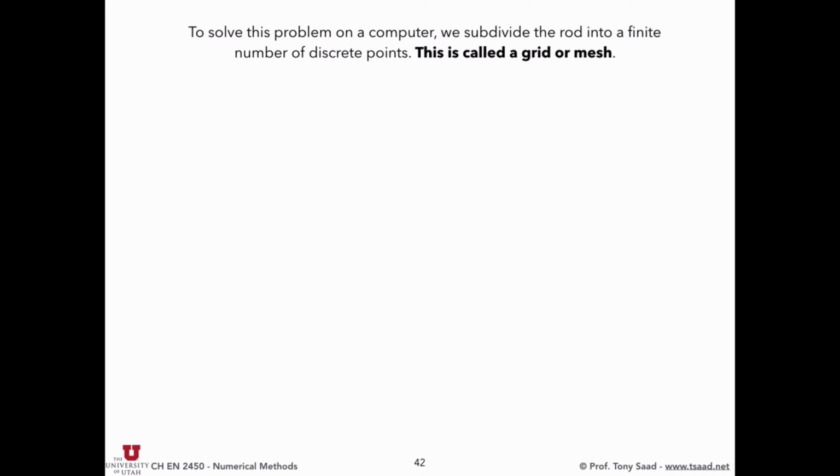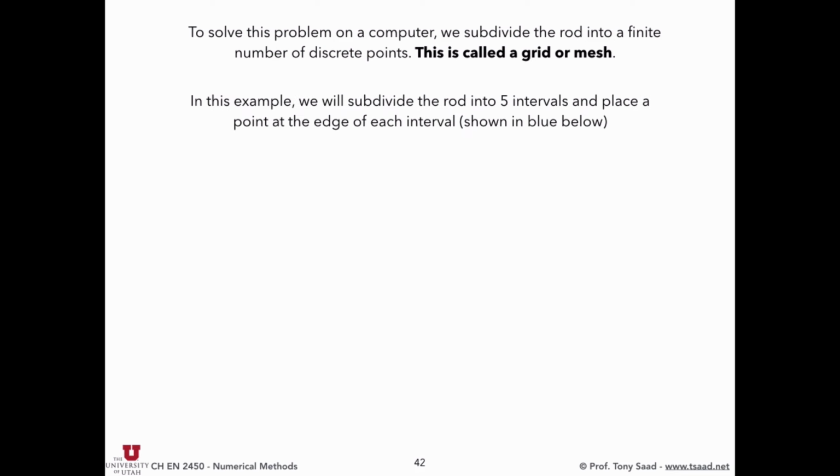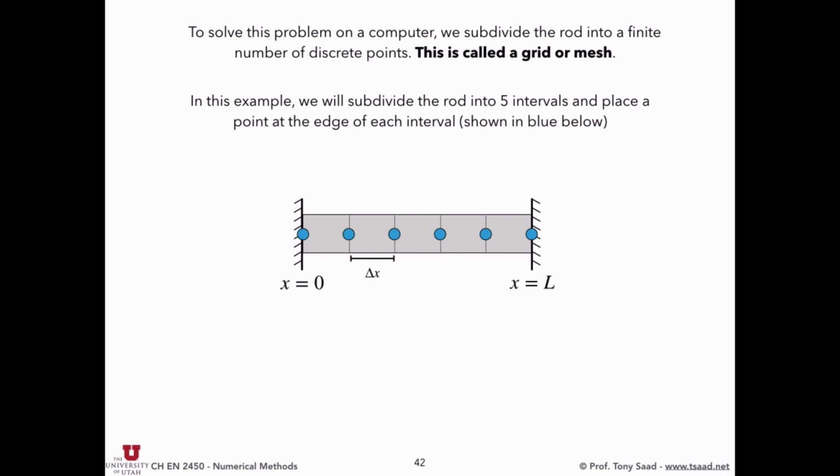So this is a finite number of points, okay? And you set that number of points. You say, I want 100 points, or 200 points, or 5 points, okay? And you just subdivide the rod into a finite number of points. In this example, we'll just illustrate with 5 points, for simplicity. And this is what it looks like, actually 6 points, or 5 intervals, okay?